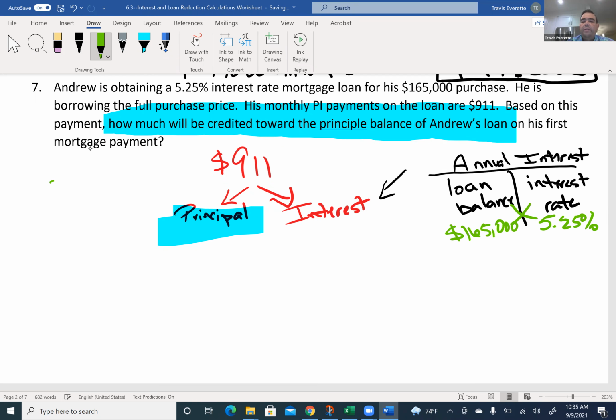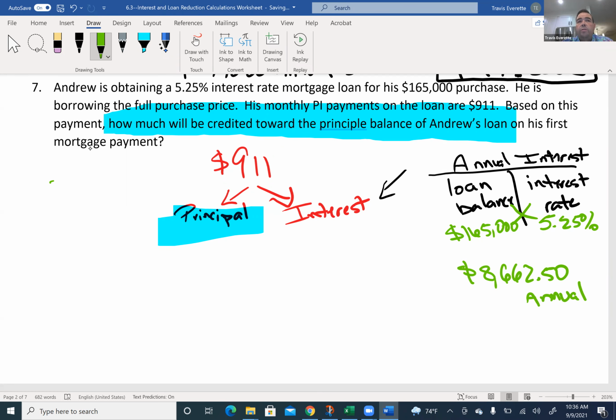Those two things are side by side, so we're going to multiply them. 165,000 times 5.25%. That looks like $8,662.50 in annual interest.